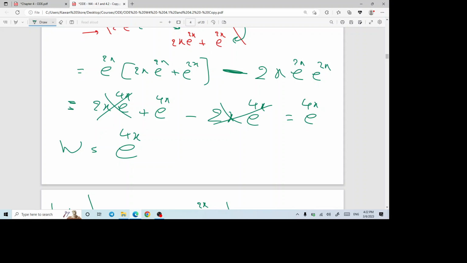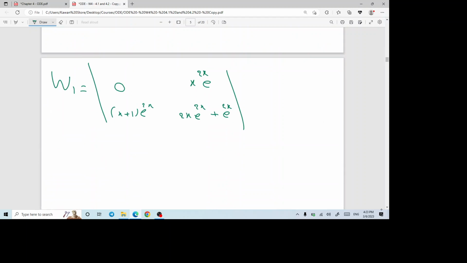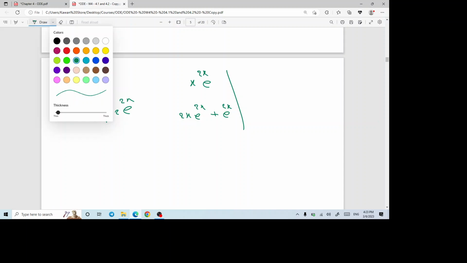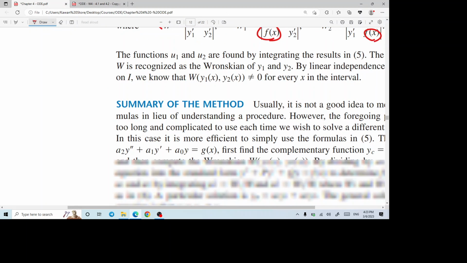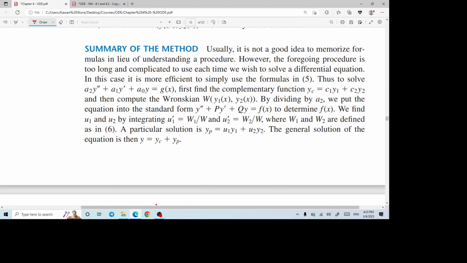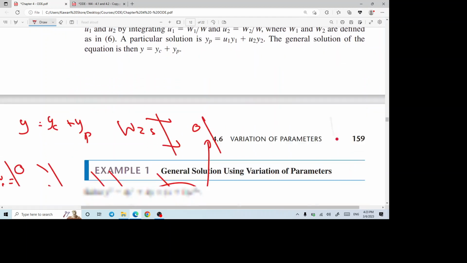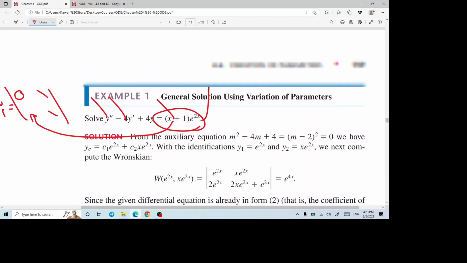What are W1 and W2? W1 is the same as W; I'm going to change it. You remember W: e to the power 2x, 2 e to the power 2x. Because I want to find W1, I'm going to change the first one to 0, and here to f of x. What's f of x? f of x is the function that makes our differential equation non-homogeneous.